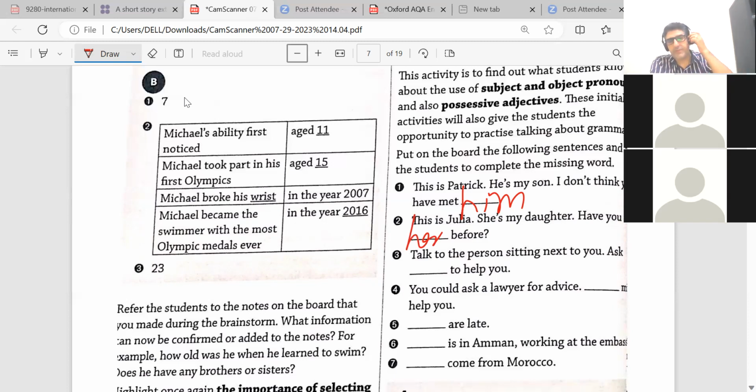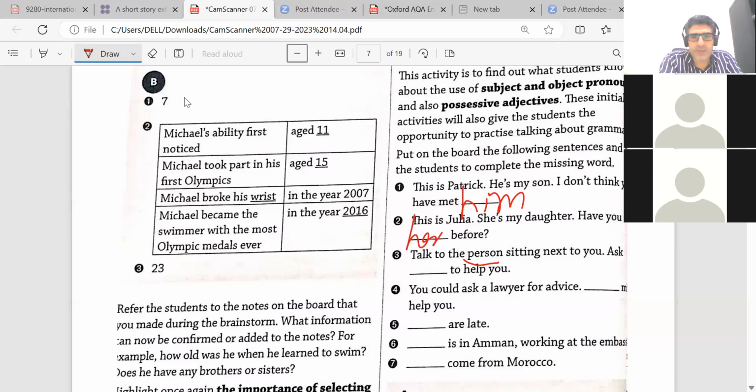Number 3, Khalid. Talk to the person sitting next to you. Ask him to help you. Yes. Here the person may be a man, a woman. So in this case, you have 3 options. You can say him, as Khalid mentioned.